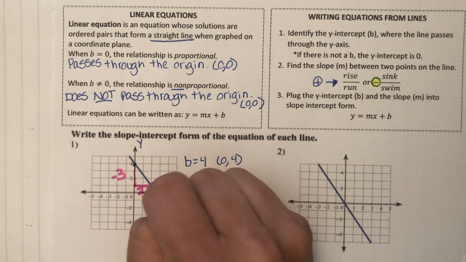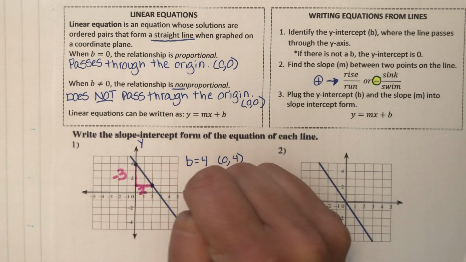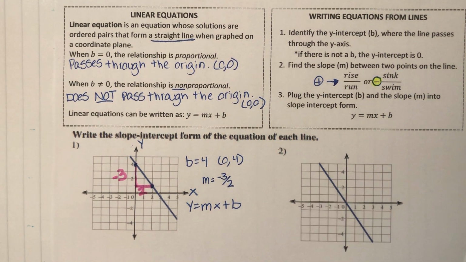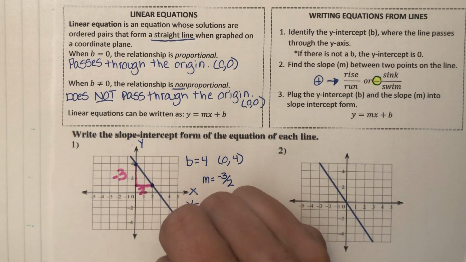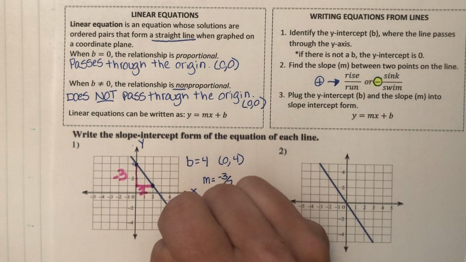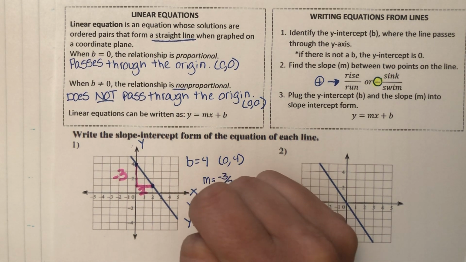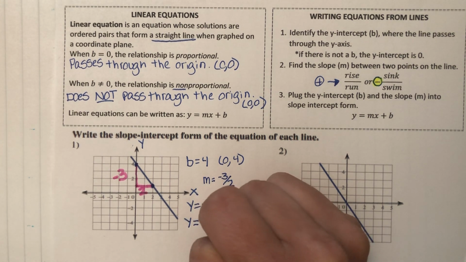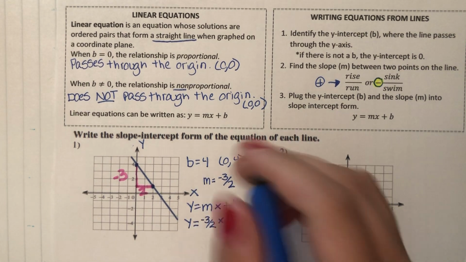So y equals, my m is -3 over 2, -3 over 2. Don't forget to bring down your x, plus my b is 4.